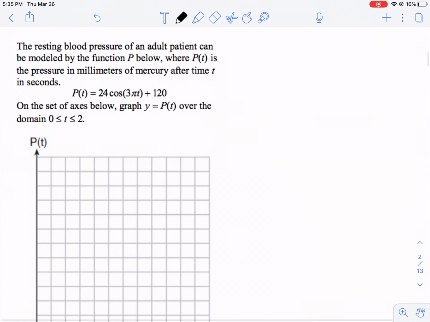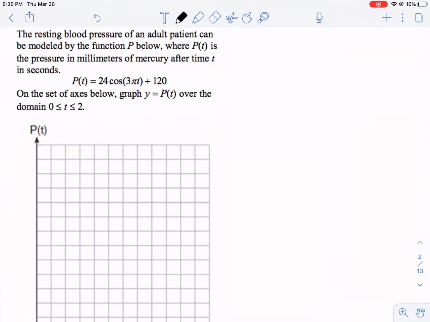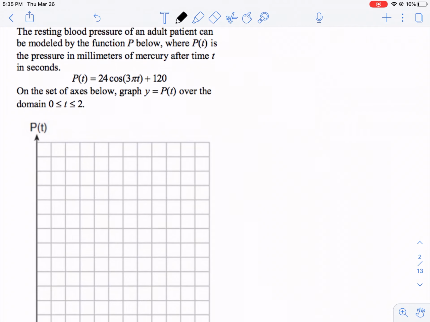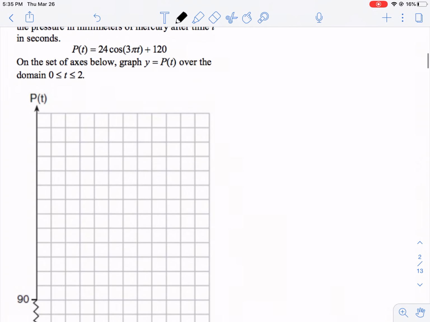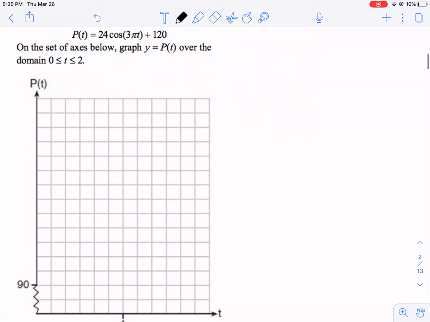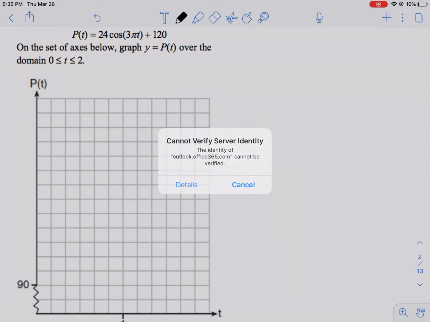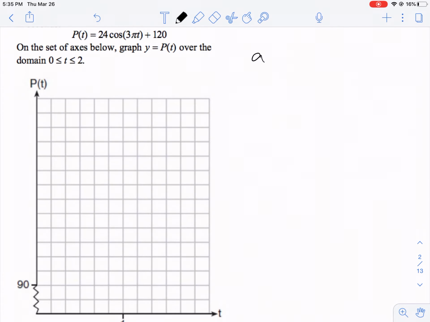The resting blood pressure of an adult patient can be modeled by this function. On a set of axes, graph over the domain 0 to 2. Alright, so we need amplitude, frequency, period, and critical points. So the amplitude is the number in front, 24.